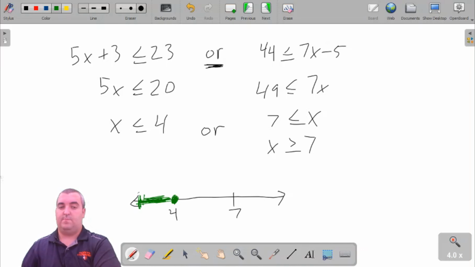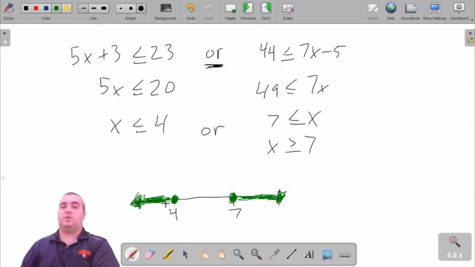And for this one, we also had an or equal to, so we're filling it in here, and this one was greater than or equal to 7, so we're going to fill in all the way to this arrow.